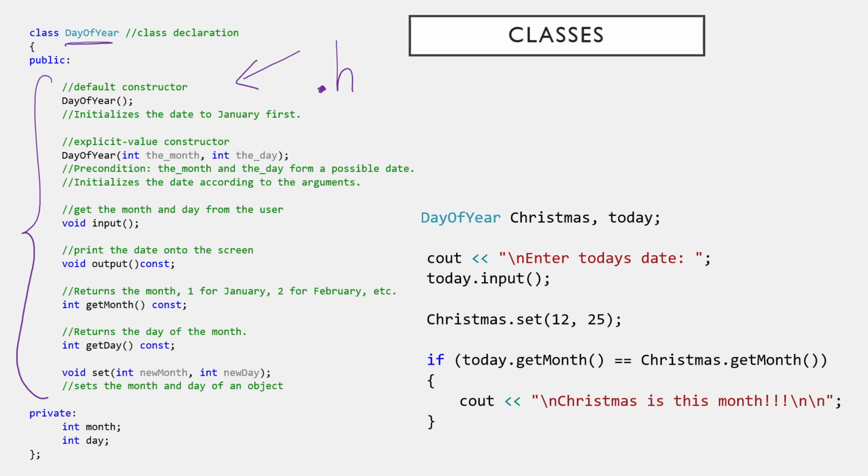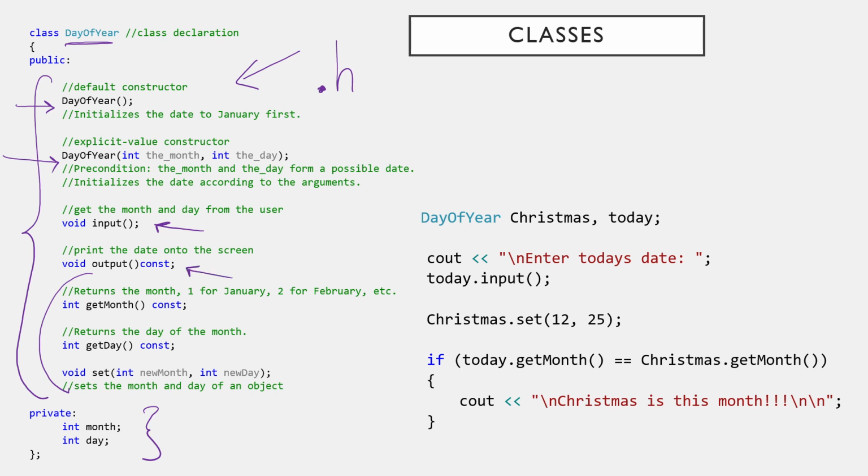And our member variables are private. For each private member variable, you want to include an accessor or mutator function. The implementation would use the scope resolution operator, which I have examples of later, but these are your default constructor, your explicit value constructor, your accessor and mutator functions here, and then this is a member function, and this is another member function.